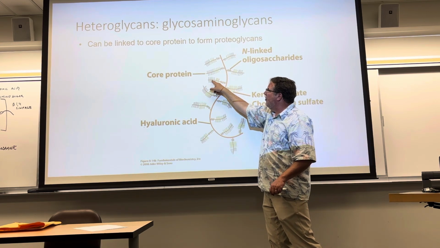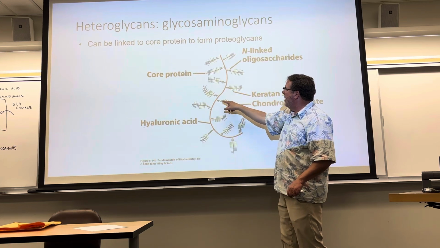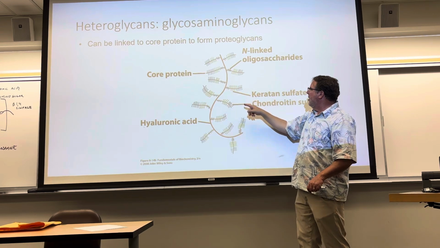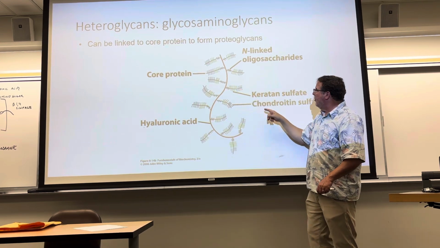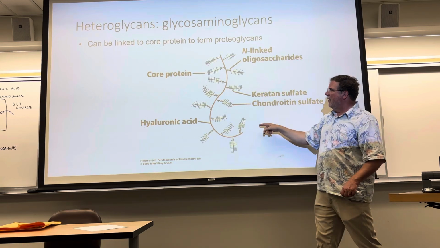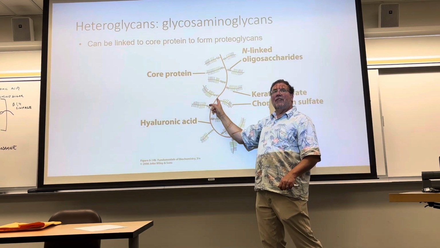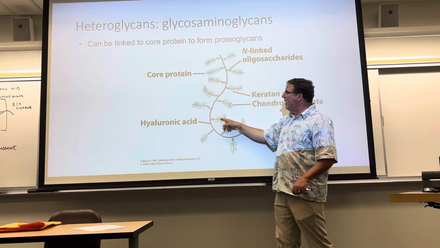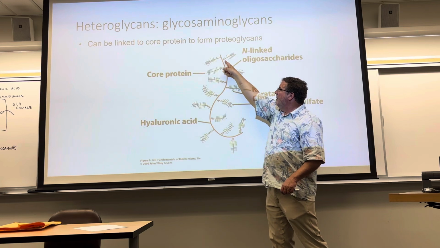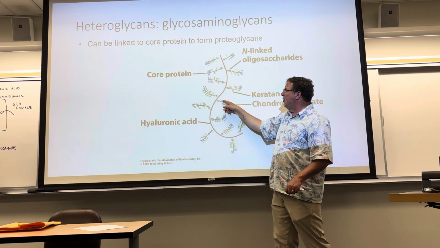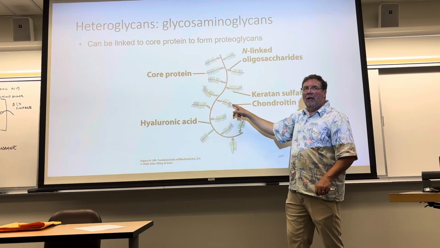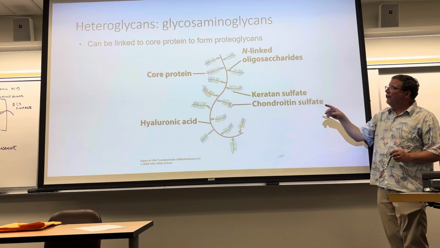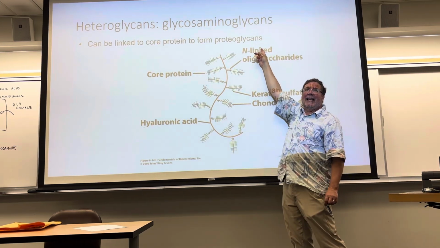And that short peptide is known as the core protein here. Then coming off that short peptide are our other small chains of glycosaminoglycans known as keratan sulfate or chondroitin sulfate. So you have basically a mixture of these different heteropolysaccharides, these glycosaminoglycans, that are linked together by these short peptides. There's this main chain down the middle, and then the short peptide comes off, and then there's other little glycosaminoglycans that come off those peptides. And that whole structure is known as a proteoglycan.